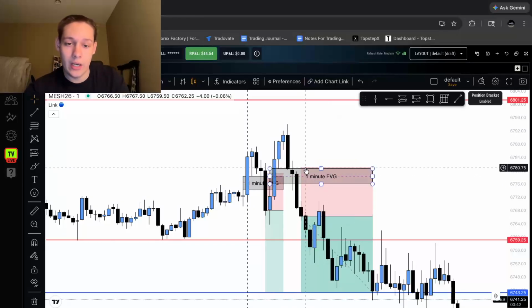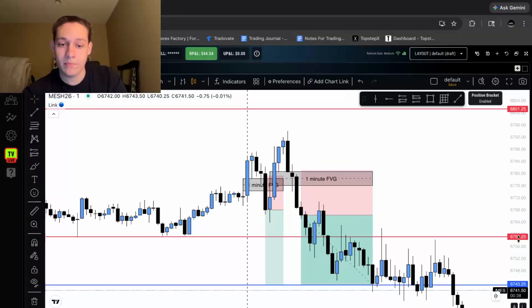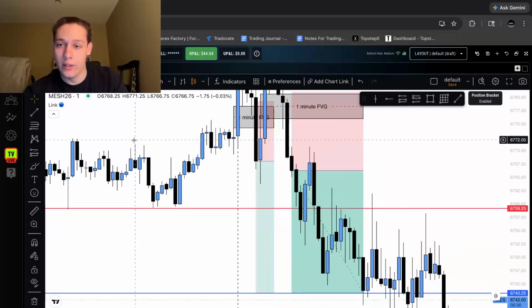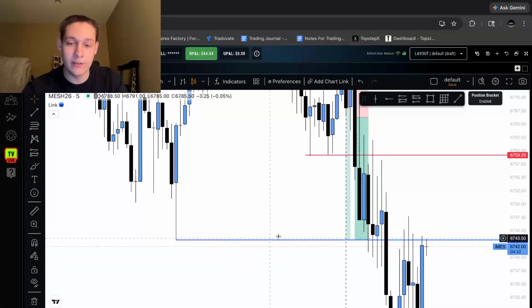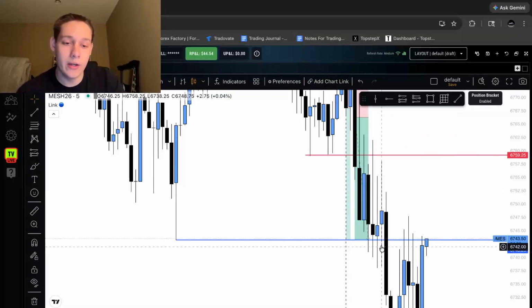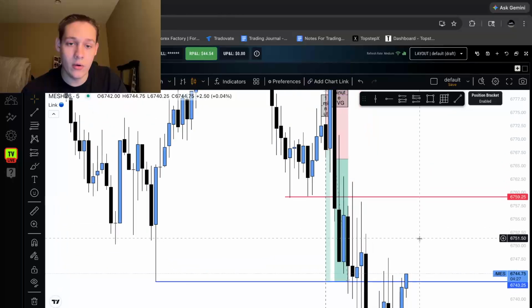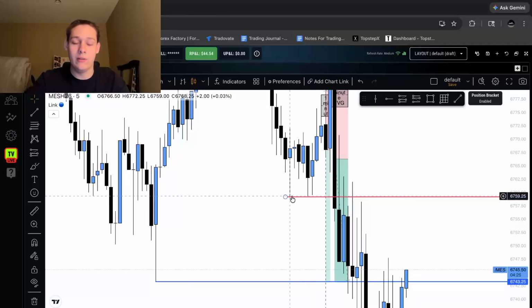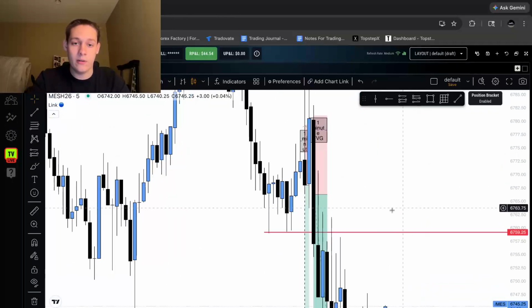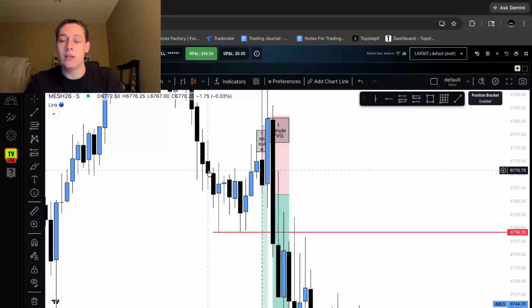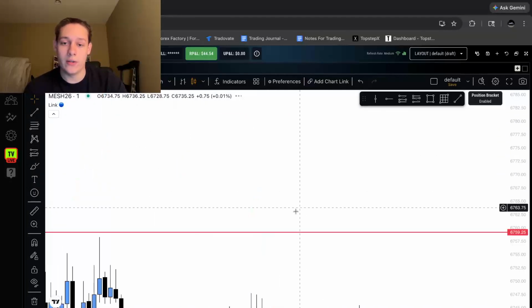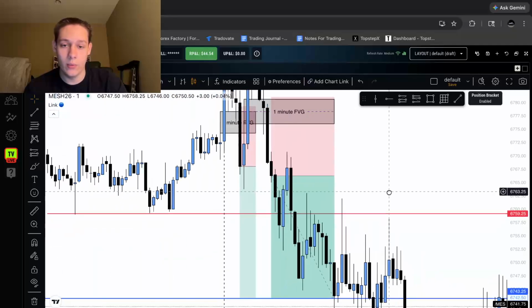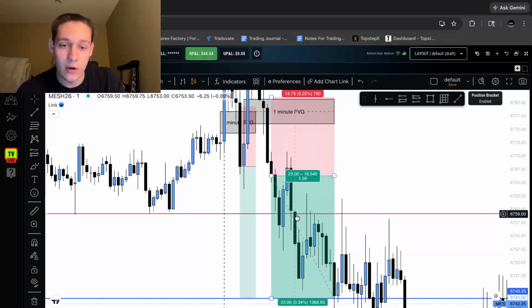So I ended up getting in that about 12 minutes later, and I targeted these London session lows right here, and also on ES right here, these were equal lows. So equal lows usually mean that it's a stronger draw on liquidity too. So I targeted that. So we ended up hitting our equal lows right here.